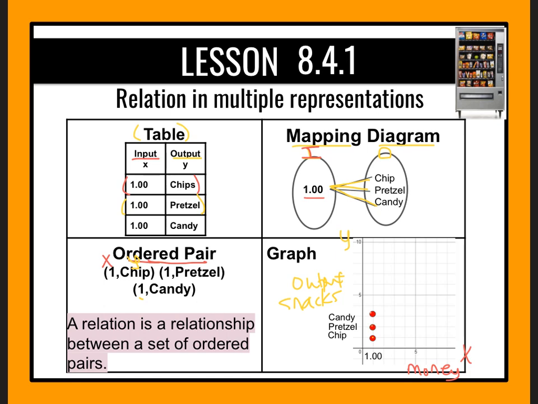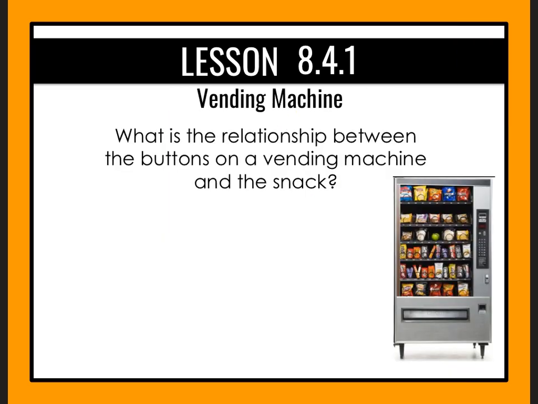As we begin to compare it to our next example, I want you to think about how the mapping diagram, the ordered pair, the graph, and the table look the same and how they look different. So remember, I can represent a relation in multiple ways: a table, a mapping diagram, an ordered pair, and a graph. Go ahead and look at the next situation.